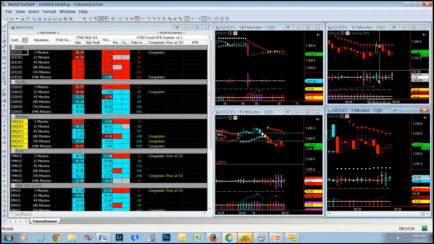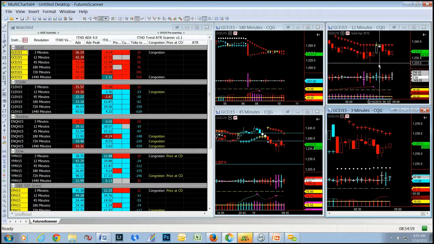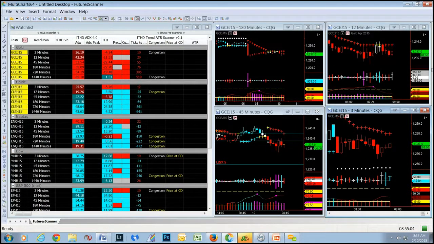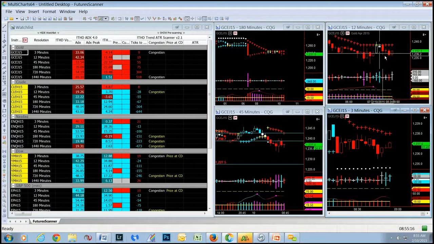Technically, is it volume divergence on the deltas? Yes, it's technically volume divergence on the delta. Does that tell me it's going to come back and test this low? No, because buyers are still in that bar. On what bar, Christian? You don't have an entry there. On the red bar? That's not your entry. Why would you take it?